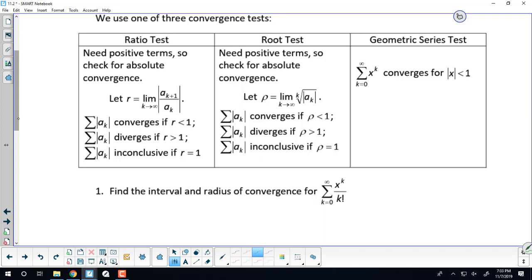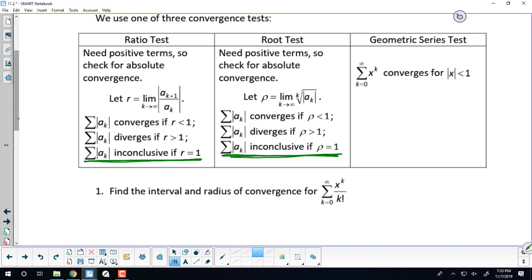The important thing to point out here is that with both the root and the ratio test, they are inconclusive when the root or the ratio is equal to 1. So the way that translates here, remember, inconclusive just means it could converge or it could diverge.